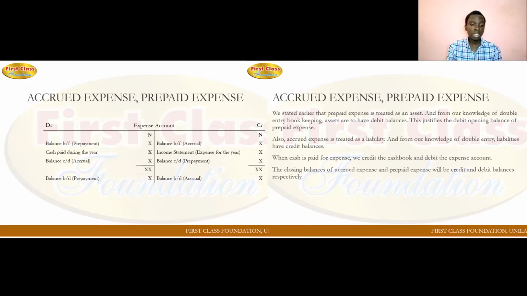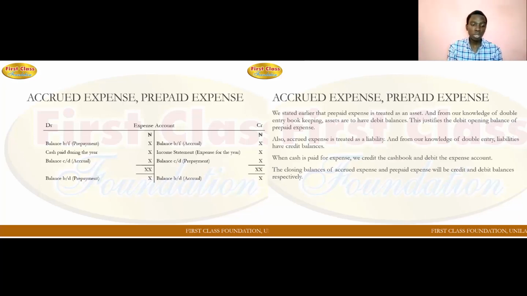Like I said, the balance of prepayment is going to be debited because it's an asset. That's why the closing balance of prepayment is also debited, and the closing balance of accrual is credited, just as the opening balances are, because the balance, whether opening or closing, is meant to be on the debit side if it's an asset, and on the credit side if it's a liability. Prepaid expense is an asset, accrued expense is a liability.